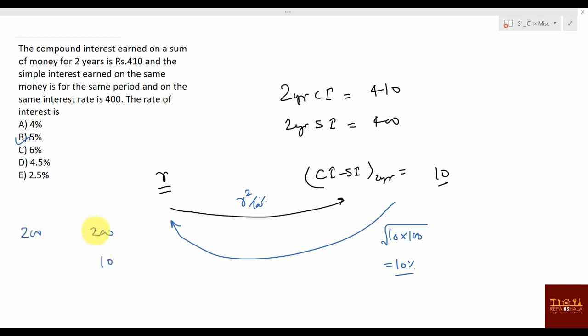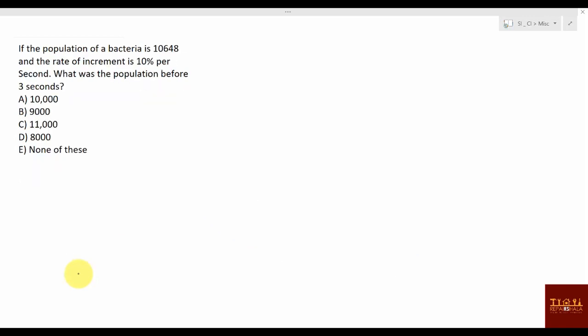Then only you'll be getting 200, 210, and this 10 is the interest on this simple interest only. How much is this 10 by 200? That is 5%. So 5% is your rate of interest. Okay. You revise the previous video, otherwise you will not understand.